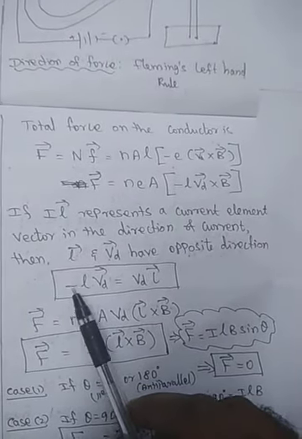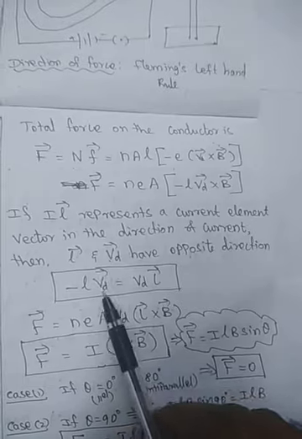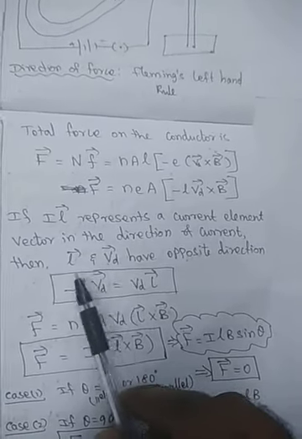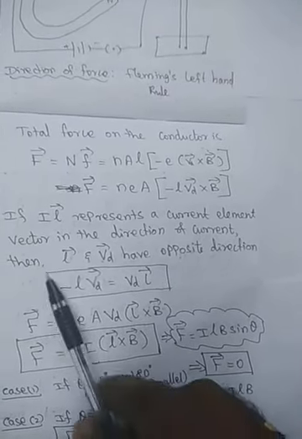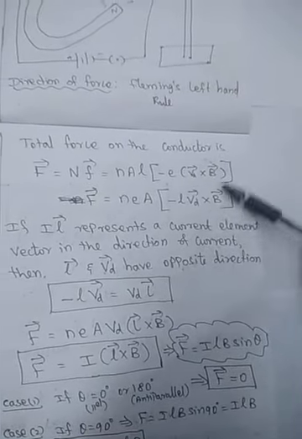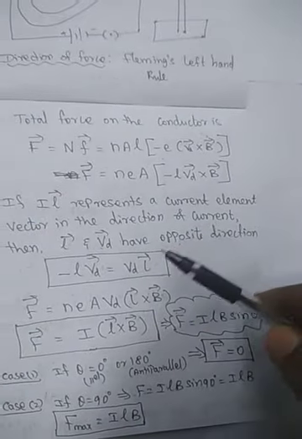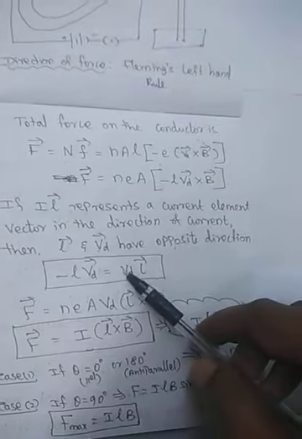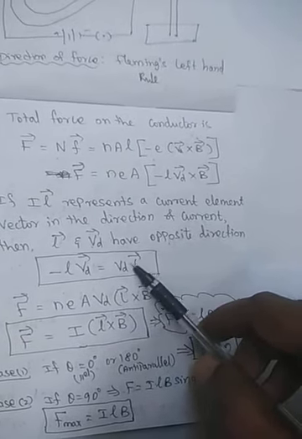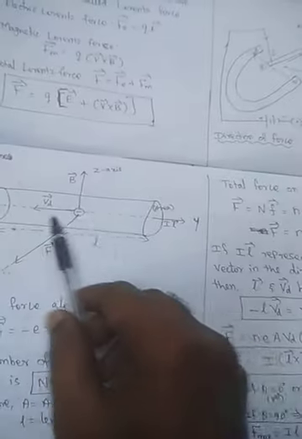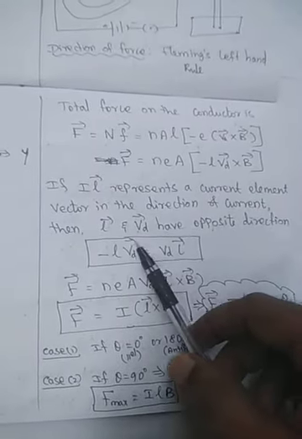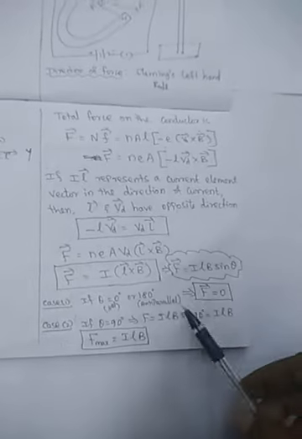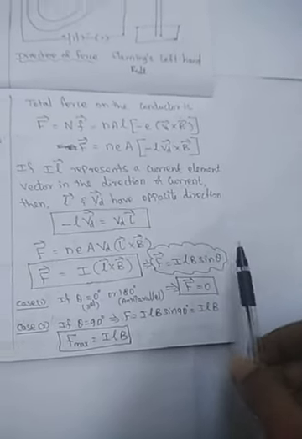Simply, in vector algebra, minus L Vd vector, the drift velocity vector, is replaced by the length vector. The drift velocity never comes into play for the current; only the current element comes into play for the current carrying conductor. So only the vector switches over to the L vector, and F is equal to I L B sin theta.